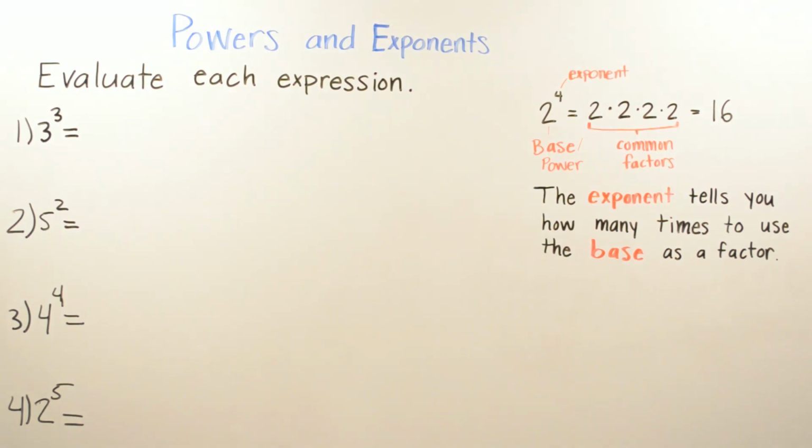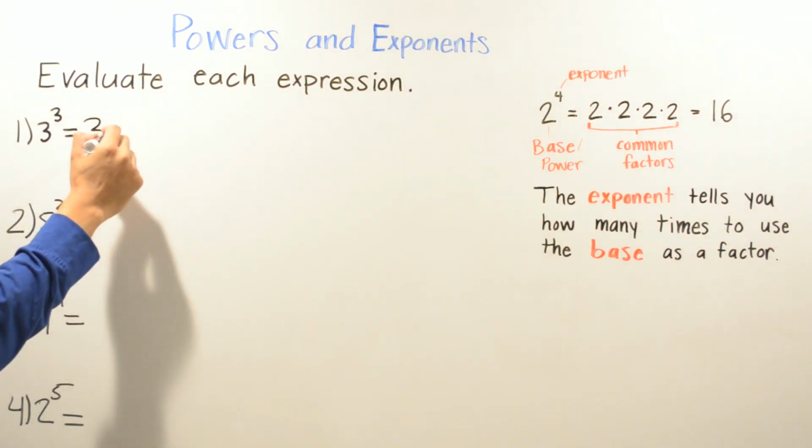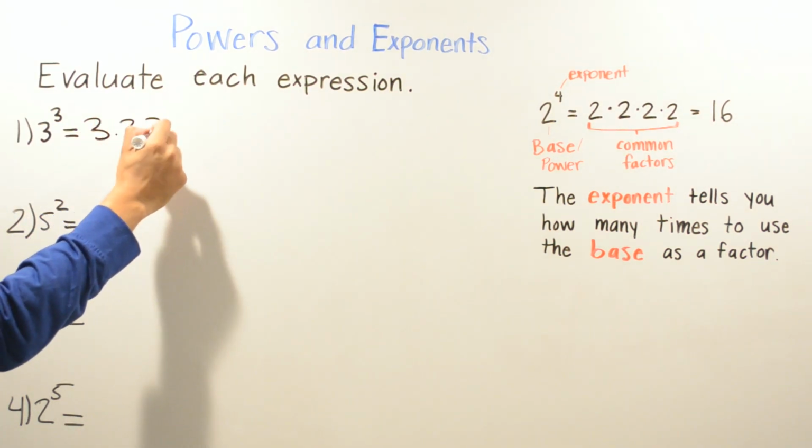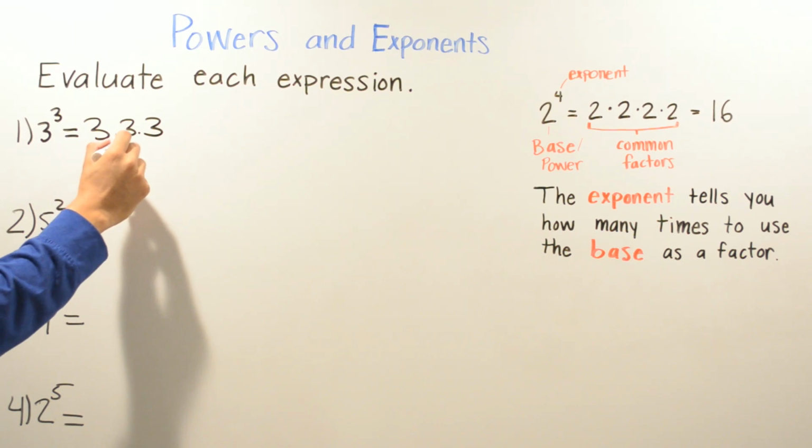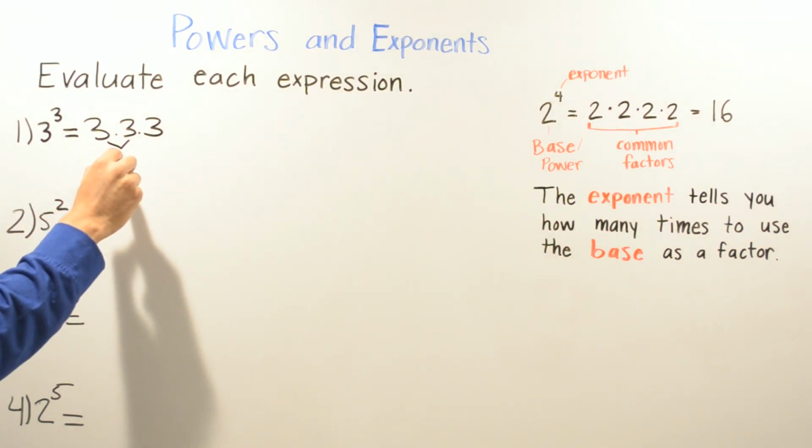On these examples, we're going to evaluate each expression. What that means is that we have to solve this expression. So we have 3 to the 3rd power, so we're going to multiply and solve it. So we can do 3 times 3 times 3. Okay. If you know, you can go ahead and just multiply across. If not, you can do 3 times 3 is 9.